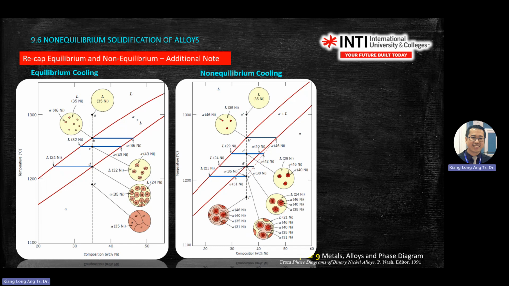Then as you drop down to C comma, this dashed line is rapid cooling. So at the C point, you need to extend your line to the dashed line. At the C point, you have liquid. The liquid will be 29%, but the solid part will increase to 42%.